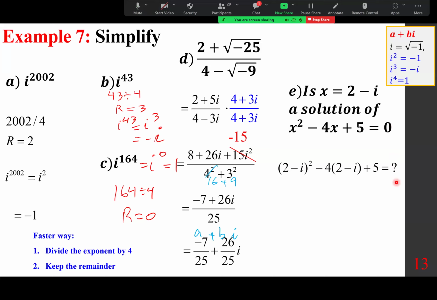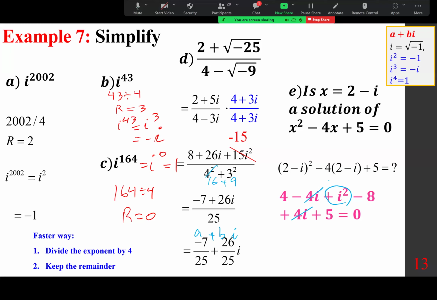Now this is 4 minus 4i plus i squared. This is minus 8 plus 4i plus 5. I'm assuming you have no problem with squaring an expression and so forth. So notice what happens here. 4i and negative 4i cancel each other.